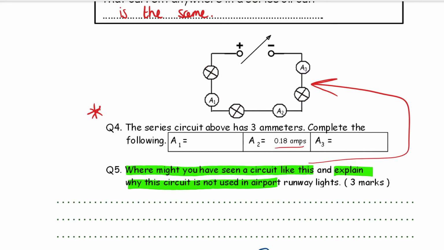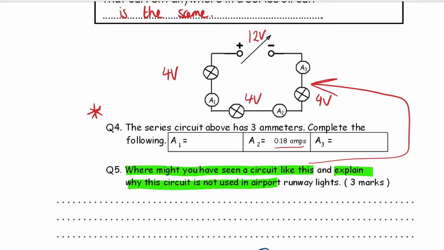The other problem with series circuits is, as I showed you in the simulation a few moments ago, if each bulb needs 4 volts across it, for example, to be at the level of brightness we desire, then you would have to have 4 volts there, 4 volts there, and you'd have to have a really high power supply in order to deliver that.